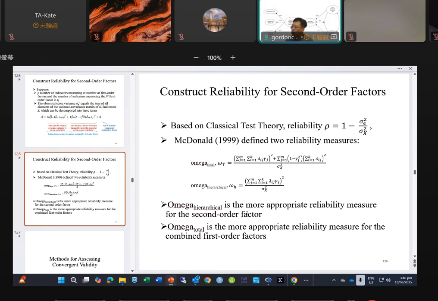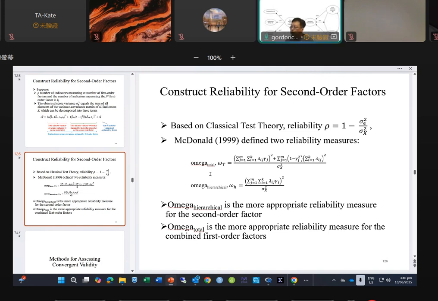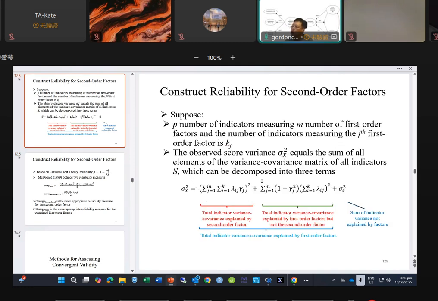It is a more appropriate reliability measure for the second order factor because it is the variance of the true score divided by the variance of the observed score. It is the definition of reliability in classical test theory. However, some people also introduce another reliability called omega total. Omega total combines the variance due to the true score and the error variance of the dimension, divided by the variance of the observed score.